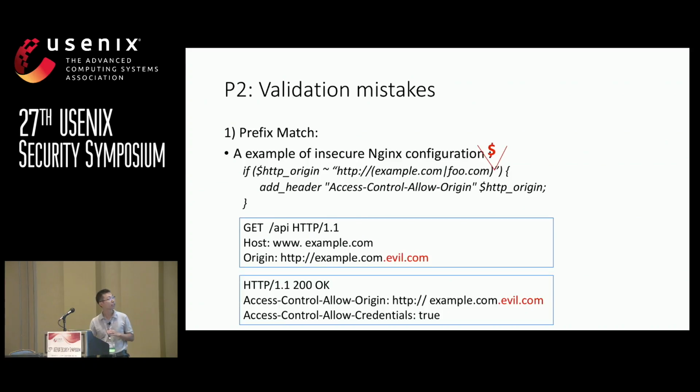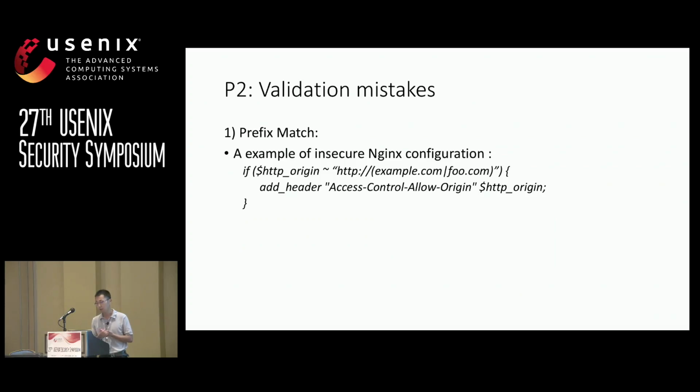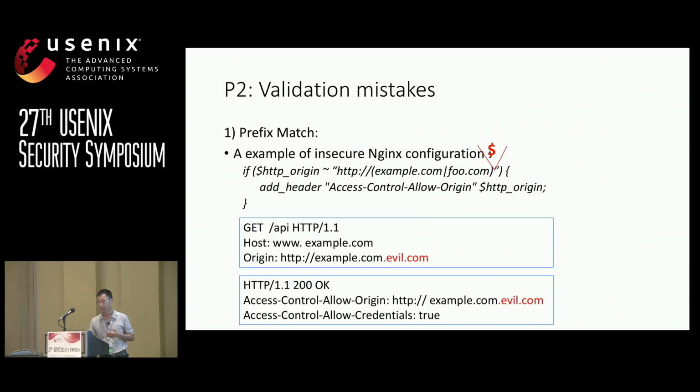Here is an example of an Nginx configuration from Stack Overflow. The resource server tried to check whether the origin header matches example.com or foo.com, but it forgot the ending character, which resulted in trusting any domain with a prefix of the trusted domain.